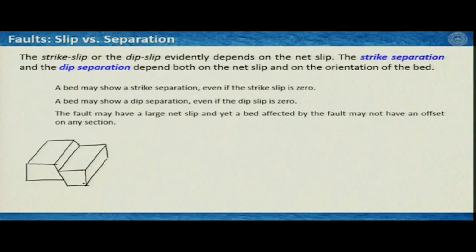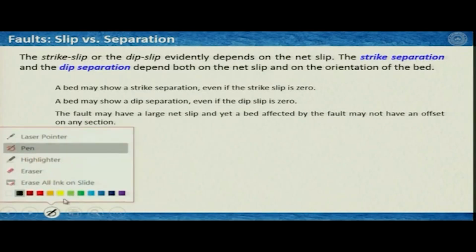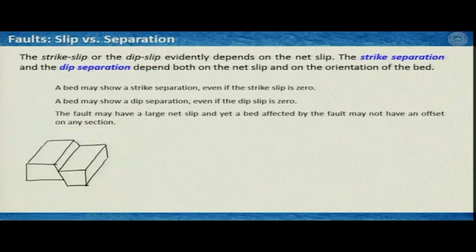Okay. So, if there is no marker, nothing, this is a normal fault, no problem. But if I have the bedding plane, something like this, and here say then it would go this way, something like this.